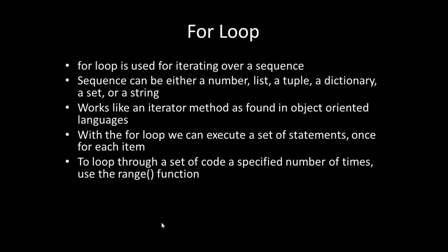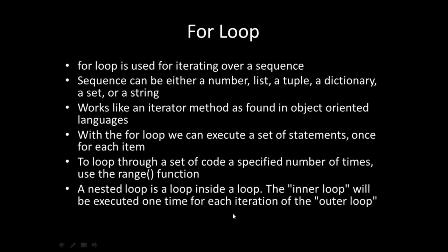Now for loop in Python is a little different than what we have in C++ or Java, right? Normally there we write for int i equals 0, i less than 10, i plus plus. Then we execute a set of statements, but in Python it is a little different, so we will see how.